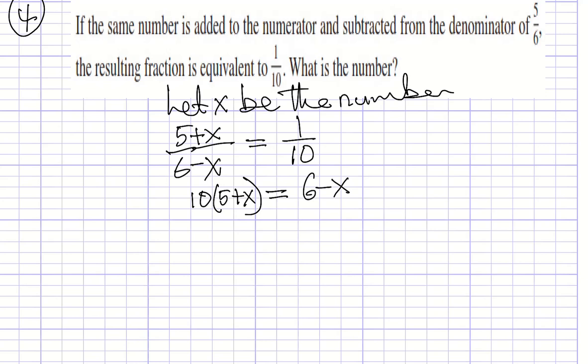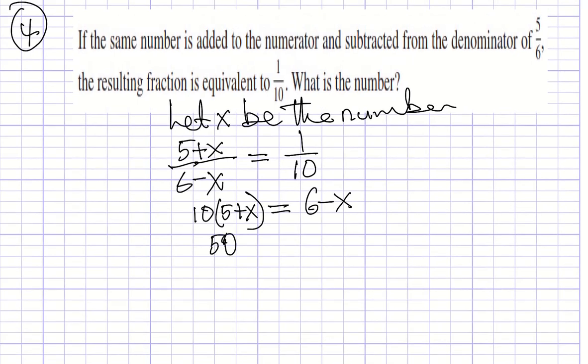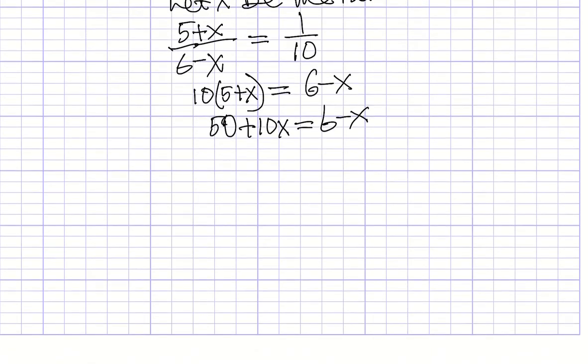After you simplify that, you get 50 plus 10x equals 6 minus x. And then you move things around: 10x plus x equals 6 minus 50. Oh Lord. Alright, see that, right?